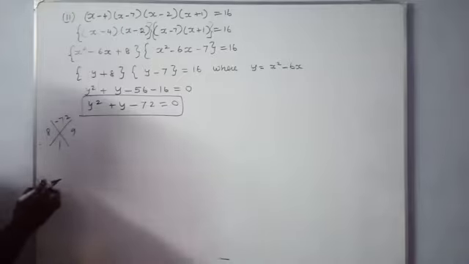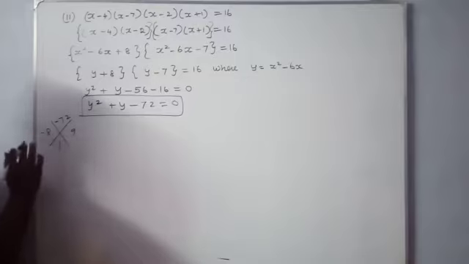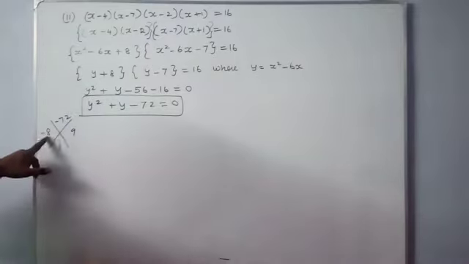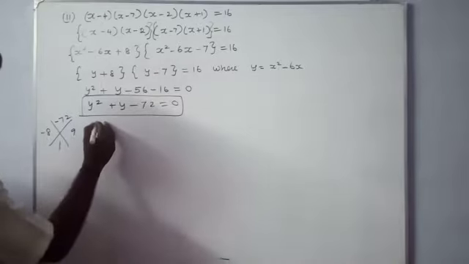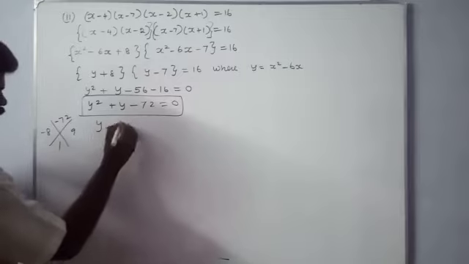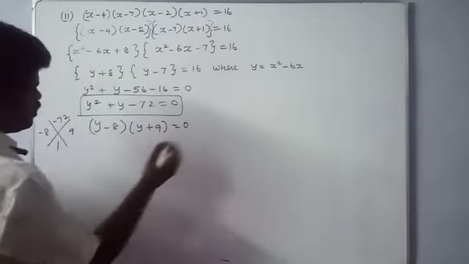Here 9 minus 8 is 1, because −8 is there. 9 times −8 is −72. Subtract these two terms, 9 minus 8, 1. So we can write the factor directly: (y − 8)(y + 9) = 0.